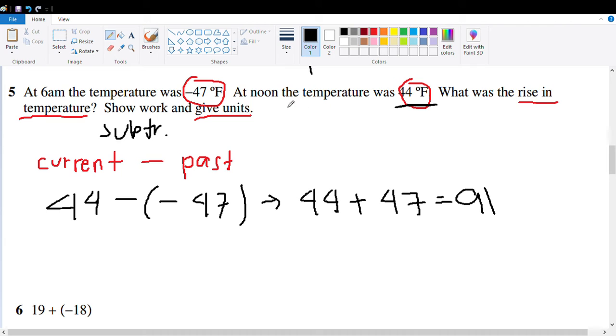Are we talking about time? No, we're talking about temperature. And in this case, the most appropriate unit is degrees Fahrenheit. So our final answer is 91 degrees Fahrenheit.